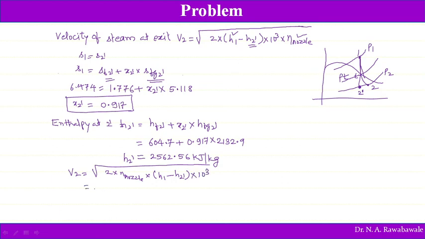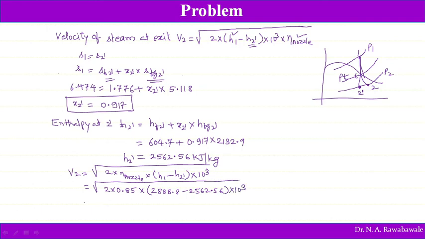So here, square root of 2 into nozzle efficiency, which is given as 0.85 in the problem, into h1 value, which we have calculated as 2888.8, minus h2 dash, which is 2562.56, which just now we have calculated, into 10 to the power of 3.